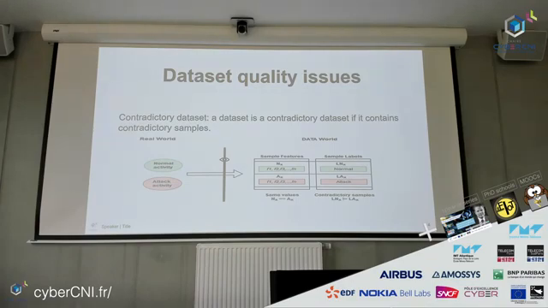This kind of issue is already considered in the standard machine learning domain, but this problem becomes less important in the image or computer vision domain, because we have thousands of dimensions, thousands of data points for each observation.